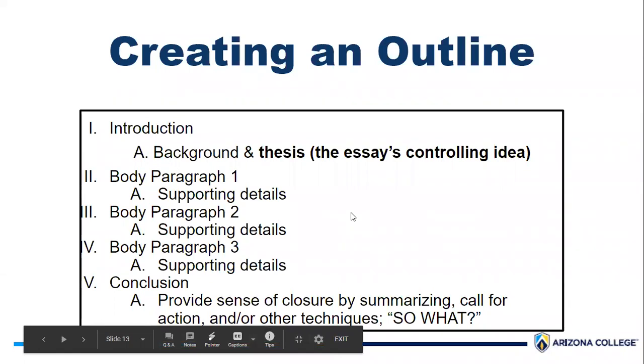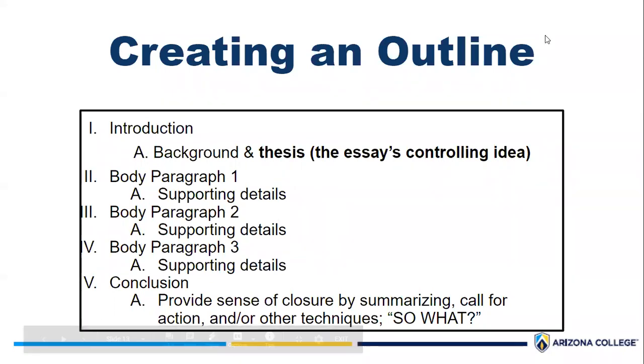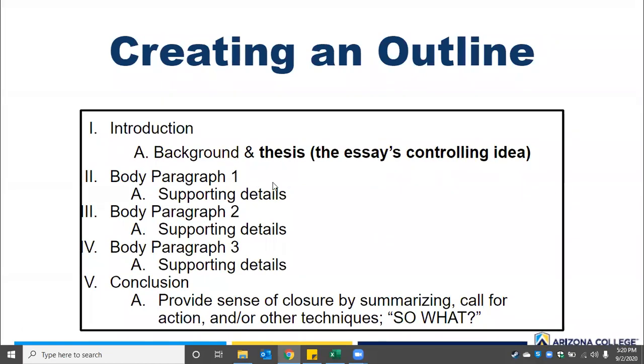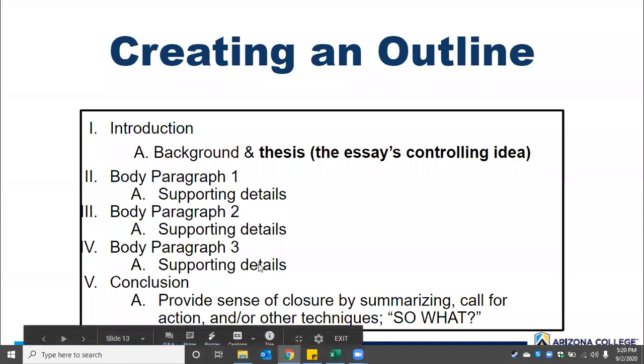Let me look, hang on. It was the food, jobs, and lifestyle. Yeah, so in paragraph 1, you'd talk about the food. Body paragraph 2, you'd talk about the jobs. And then 3, you'd talk about the lifestyle, right? Keep them separated and organized.